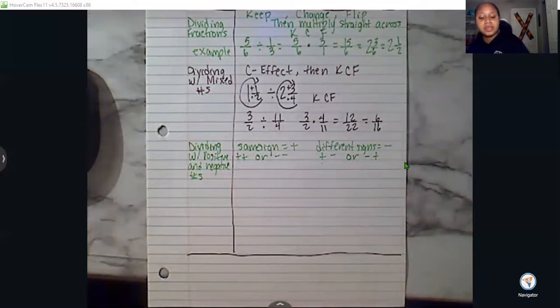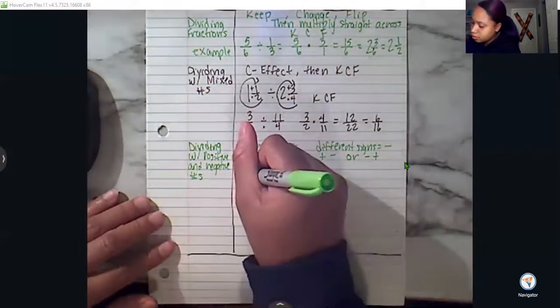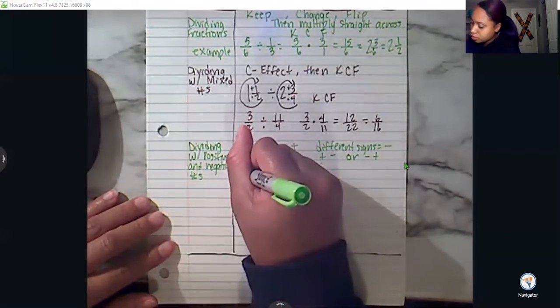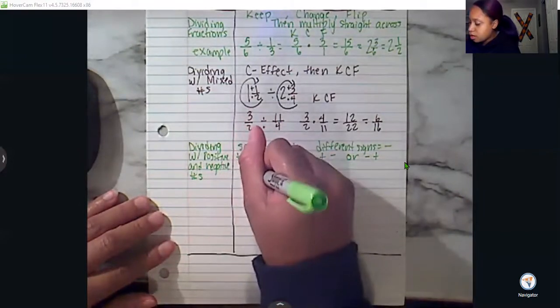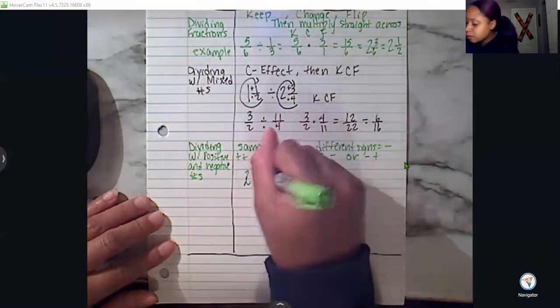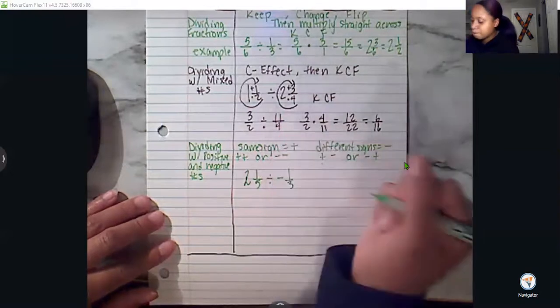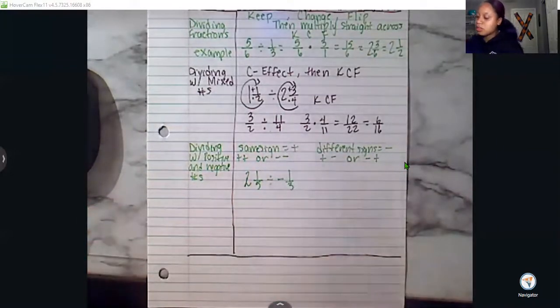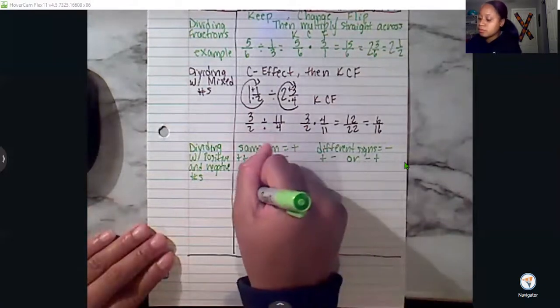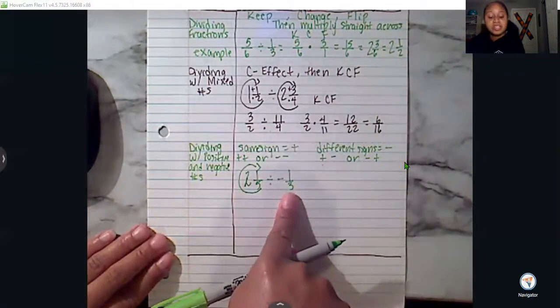So let's say, for instance, we have 2 1/5 and we're dividing by negative 1/3. It looks like we only have to convert the first mixed number because the second is already a proper fraction, so we do not have to change negative 1/3.